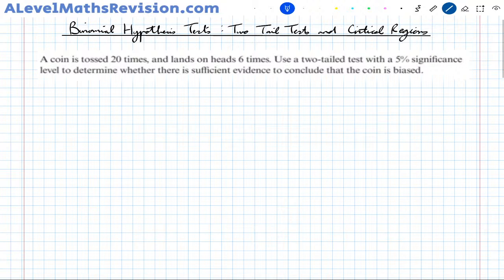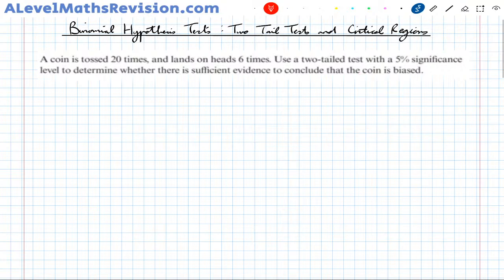The regulars. So a coin is tossed 20 times and lands on heads 6 times. Use a two-tailed test with a 5% significance level to determine whether there is sufficient evidence to conclude that the coin is biased. So last week what we did, it told us which direction it tested.